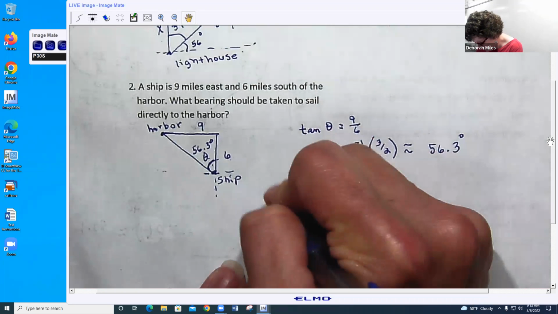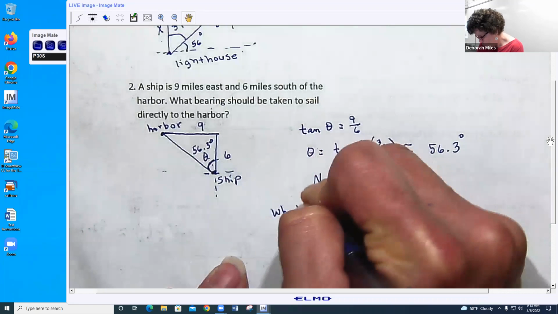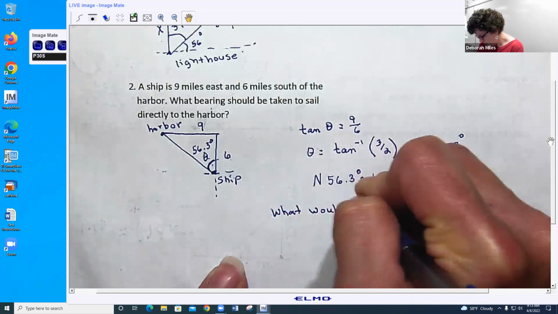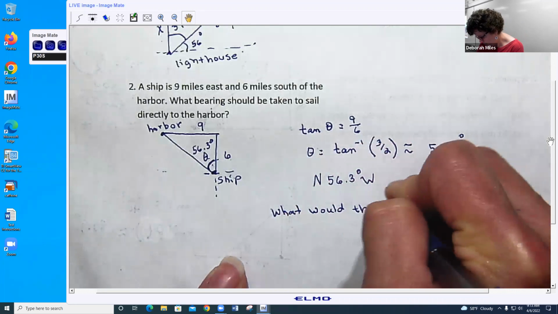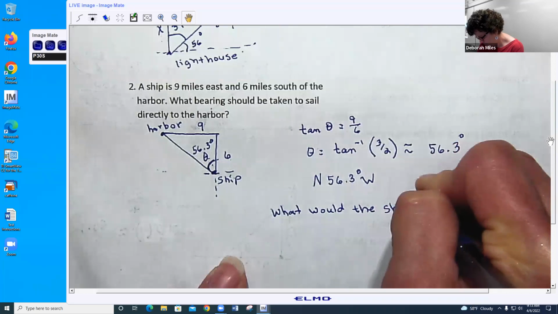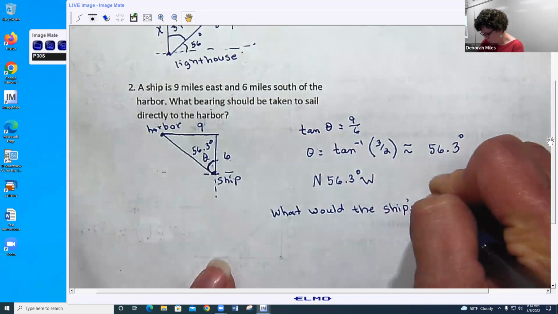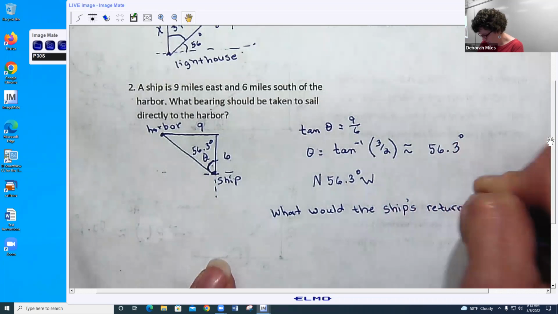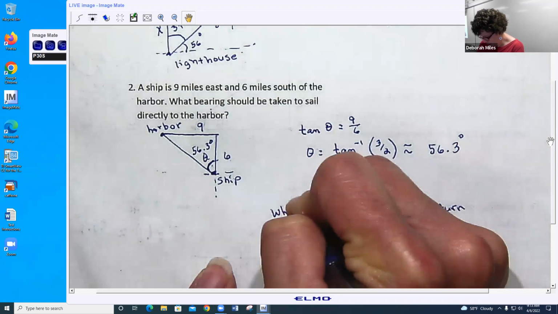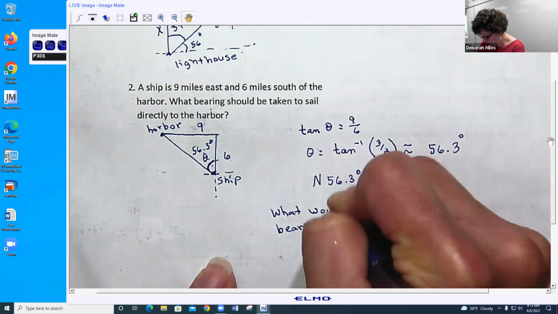What would the ship's return bearing be?